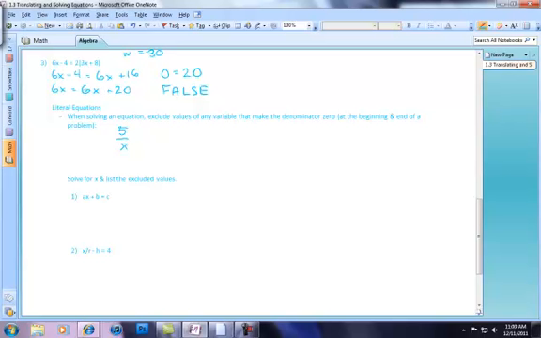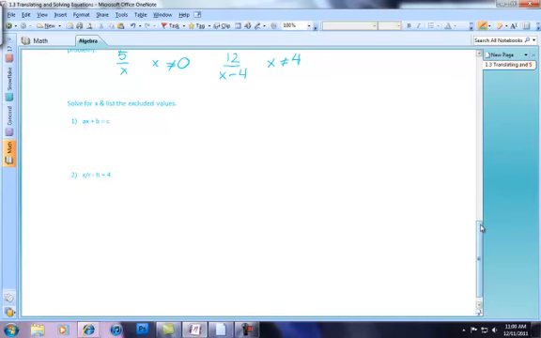The one that cannot equal 0 is x, since it's in the denominator. So x cannot equal 4. Solve for x and list the excluded values.